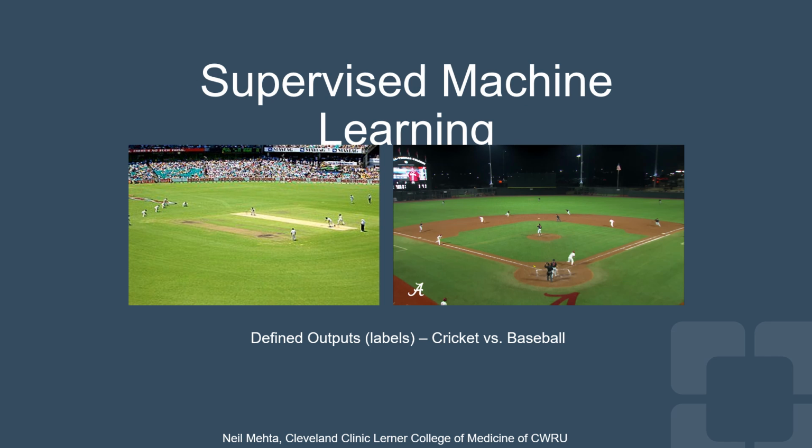So imagine that you have thousands of photographs of the games being played, cricket and baseball, and you labeled each one of them whether it was a match of cricket or a game of baseball. And you gave this to the machine algorithm so that it would get trained. So when you give it another photograph in the future, it would be able to identify whether it was cricket or baseball. This would be called supervised machine learning.